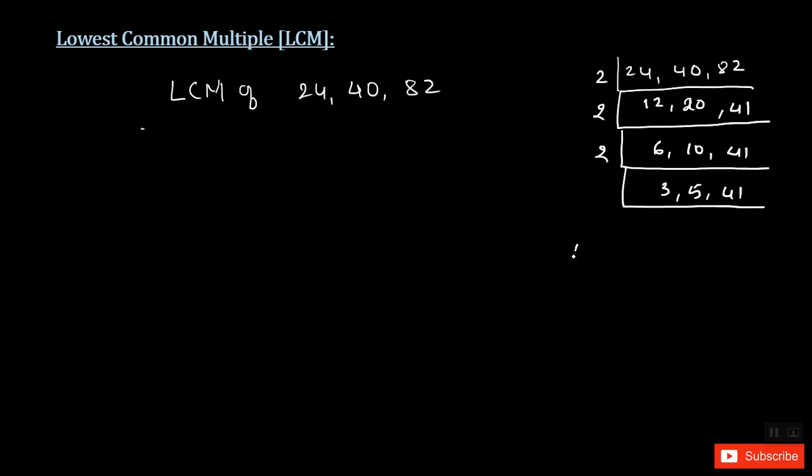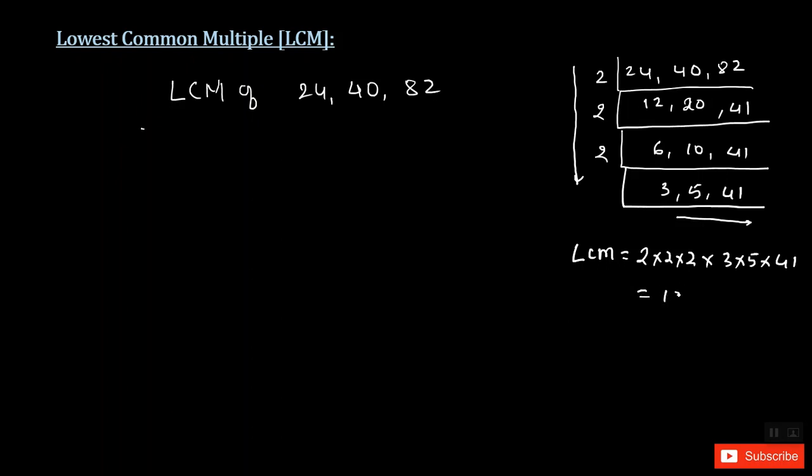So the least common multiple here is, as I told, we have to multiply all these divisors along with the numbers left here. So I can do 2 times 2 times 2 times 3 times 5 times 41. 2 times 2 times 2 is 8, times 3 is 24. 24 times 5 is 120.